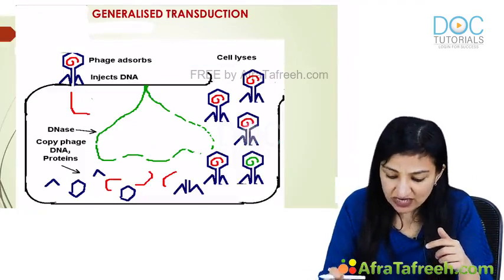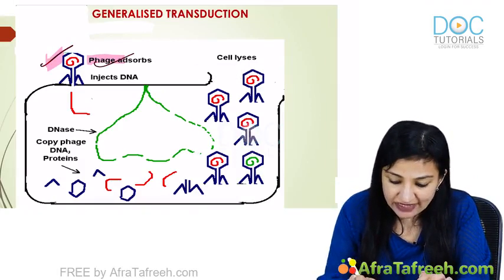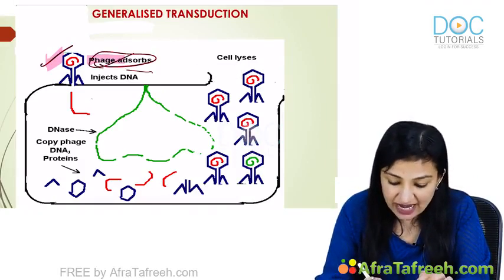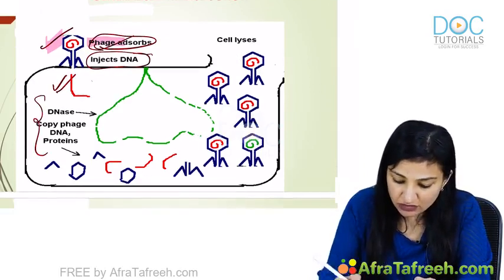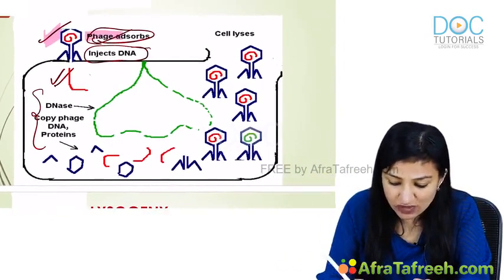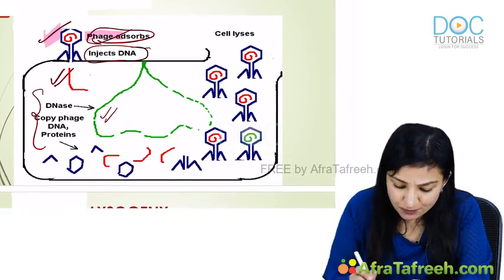Alright, so this is another figure of generalized transduction. This is the phage, the blue one. It adsorbs onto the bacterial cell and injects the DNA, which is shown in red color. Then what you are seeing in green is the bacterial DNA, right? It gets broken down.